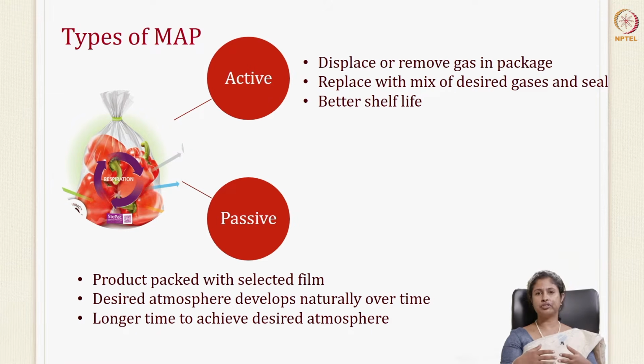Because of respiration, carbon dioxide is released and oxygen is absorbed. So naturally the carbon dioxide composition inside the package slowly increases. This again helps in increasing the shelf life of the product, but passively. So you've got two types of MAP, active and passive.